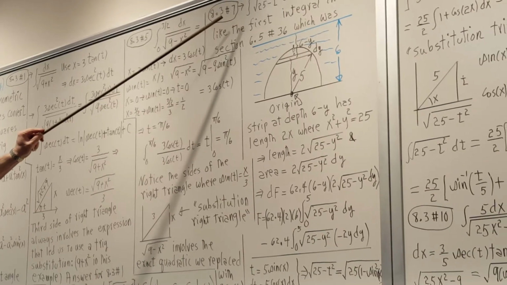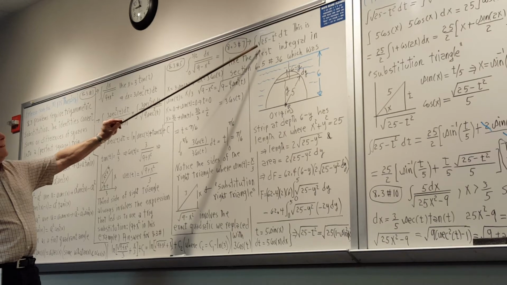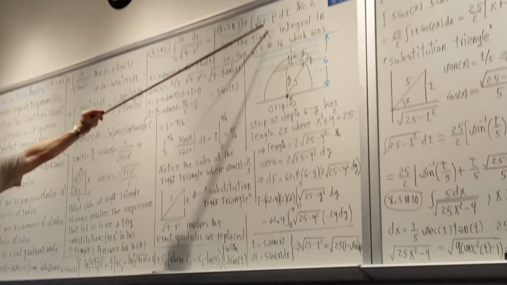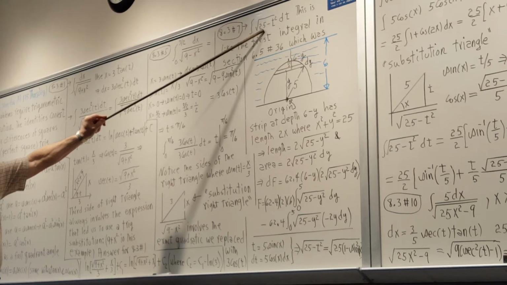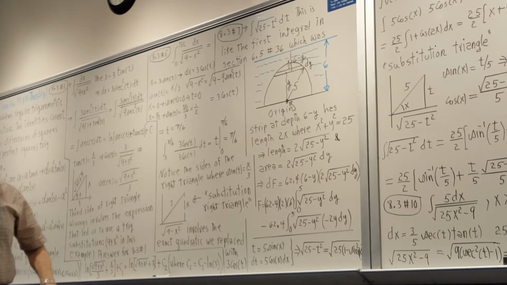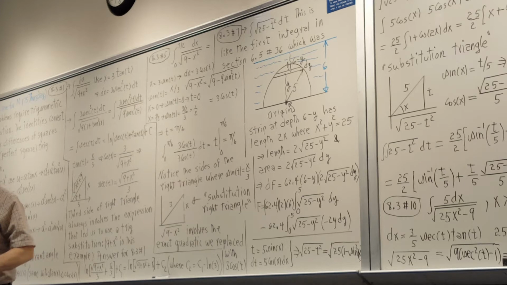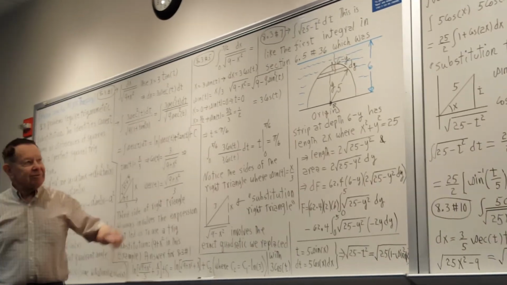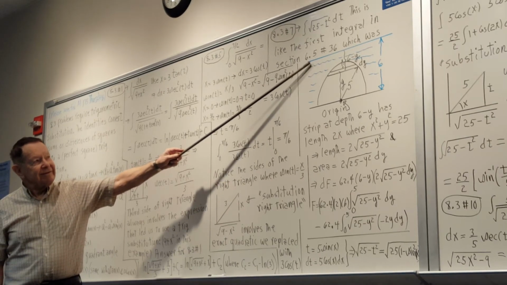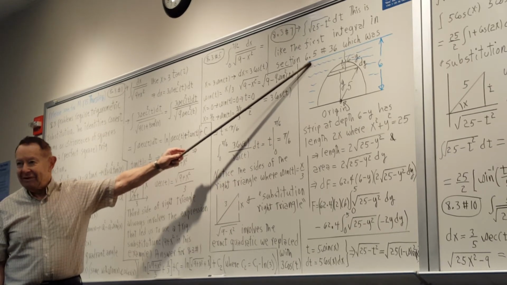Now take a look at 7. You have the square root of 25 minus t squared. Now, if you think back a couple of weeks, you should recognize that we have this integral. So what I have here is a review for a minute.